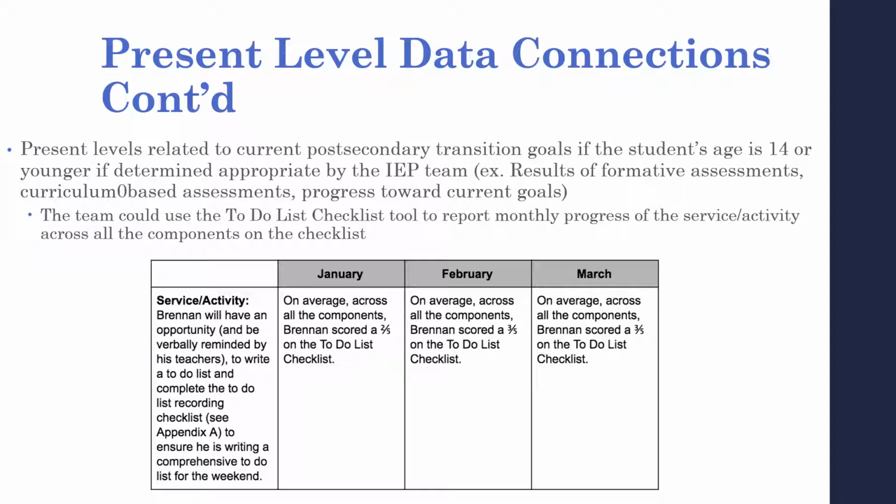So you can see that the exact wording of the service or activity is listed again, and that is Brennan will have an opportunity and he will be verbally reminded by his teachers to write a to-do list and complete the to-do list recording checklist, which is in Appendix A, to ensure he is writing a comprehensive to-do list for the weekend. And this shows the progress of that service or activity if data had been recorded for January, February, and March.